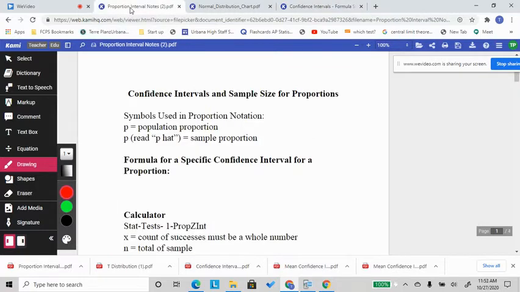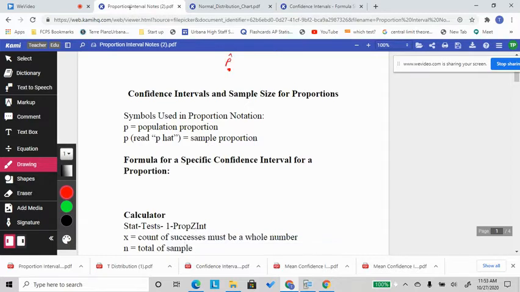Okay, so proportions. Here's what we're going to do. We're going to do confidence intervals for proportions. What you do in a confidence interval for proportion is you go out and you take a sample and you get a point estimate, and it's going to be a little p hat.